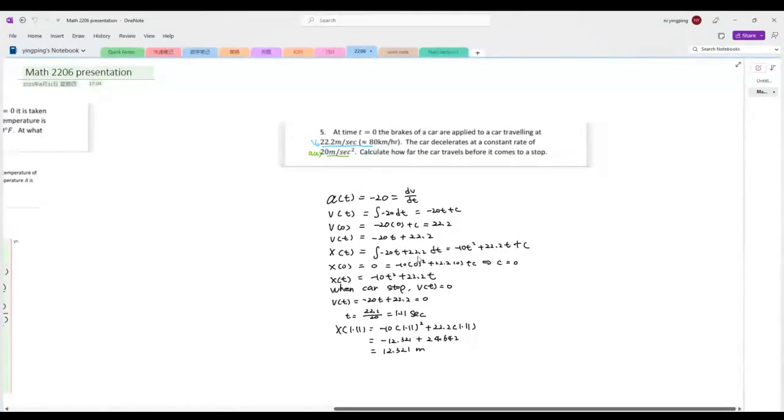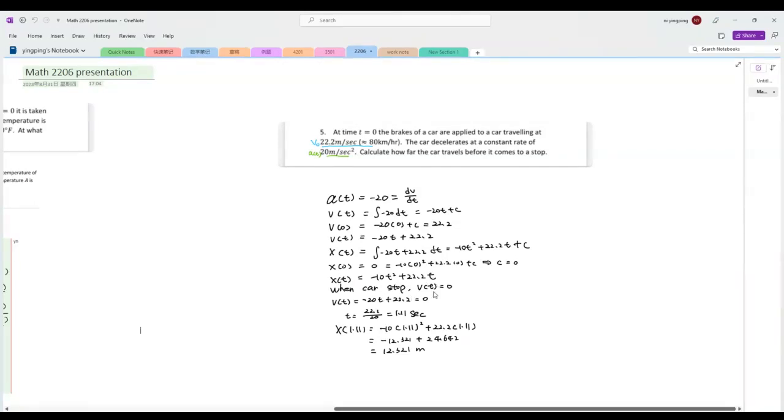By the question, the car starts from rest position, so x(0) is equal to 0, and c is equal to 0, so x(t) is equal to negative 10t squared plus 22.2t.